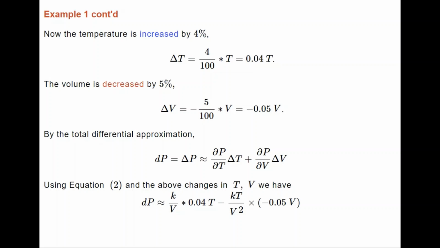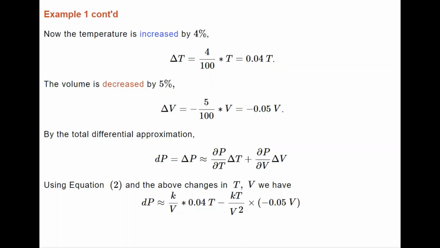Now in this expression, you see that we have some variables. In the first term, we have K times T divided by V, and the constant is 0.04. In the second term, there's V squared at the bottom, and one of the V's cancels with the V at the top. So the variable term here would also be K times T on V, which is actually equal to P from equation 1.